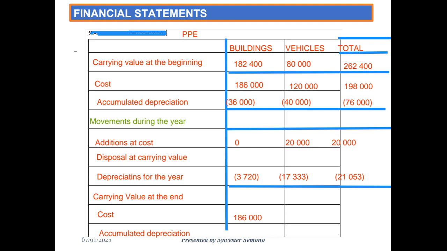Let's do the same for vehicles. Remember, I'm still focusing on the cost for now. The cost was how much? 120,000. And we bought a new one for how much? 20,000. At the end, we have 140,000. Now these things are balancing out.